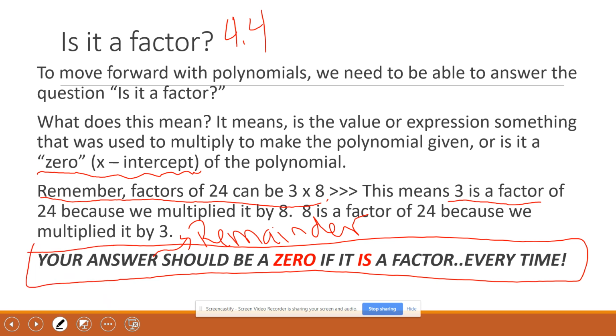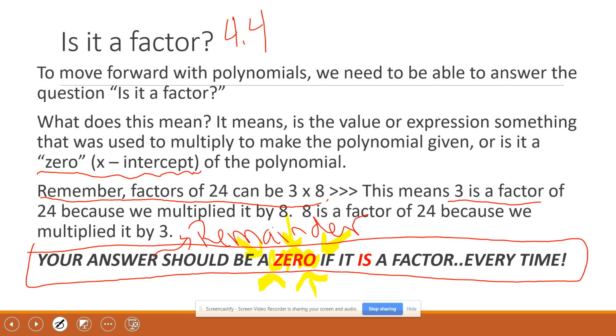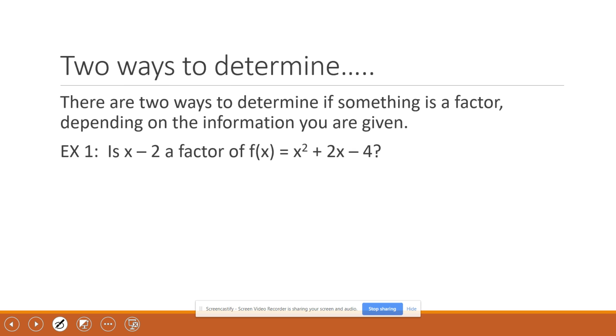Always, always, always. It has to be a 0 every single time.